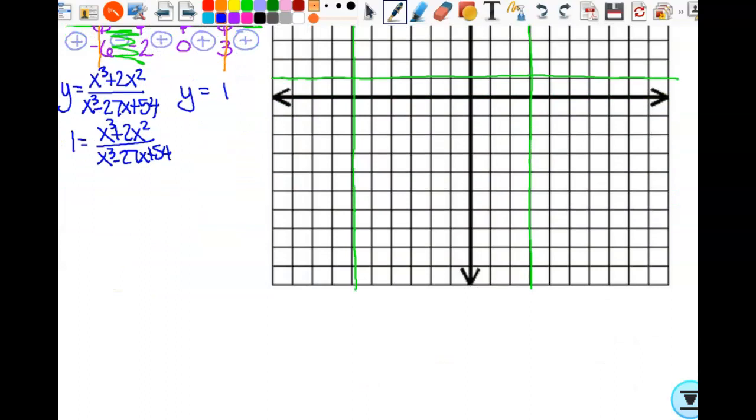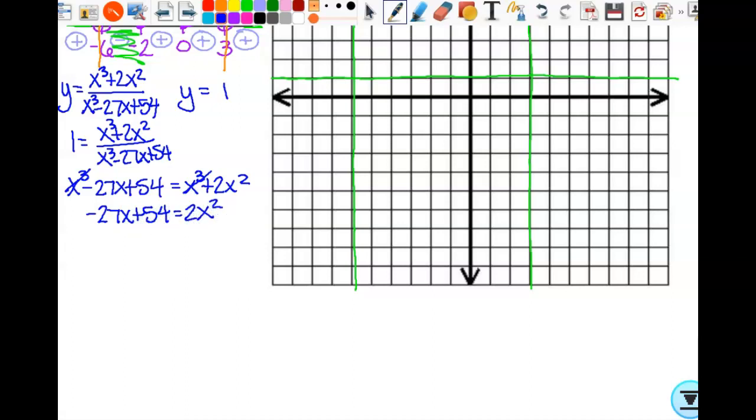I multiply both sides by the denominator, so I get x cubed minus 27x plus 54 equals x cubed plus 2x squared. All right, so then I can subtract x cubed from both sides. That leaves me with -27x plus 54 equals 2x squared.